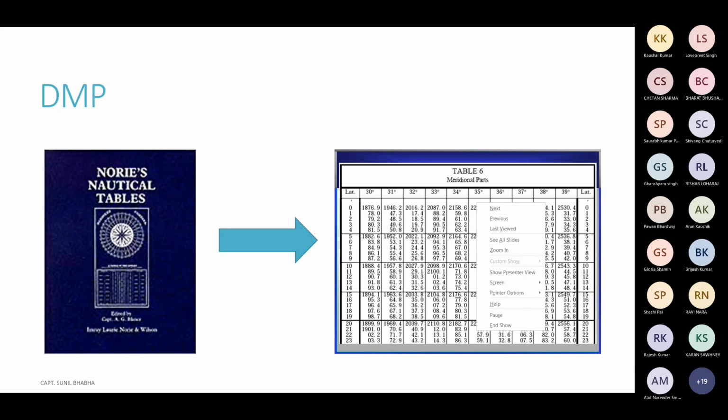Now we know that plain sailing has a limitation of 600 miles, so we will not use plain sailing. We will always use Mercator sailing whenever rhumb line distance needs to be calculated to compare it with a GC track or a composite track. So always use Mercator sailing for calculation of rhumb line distances. Don't use plain sailing.